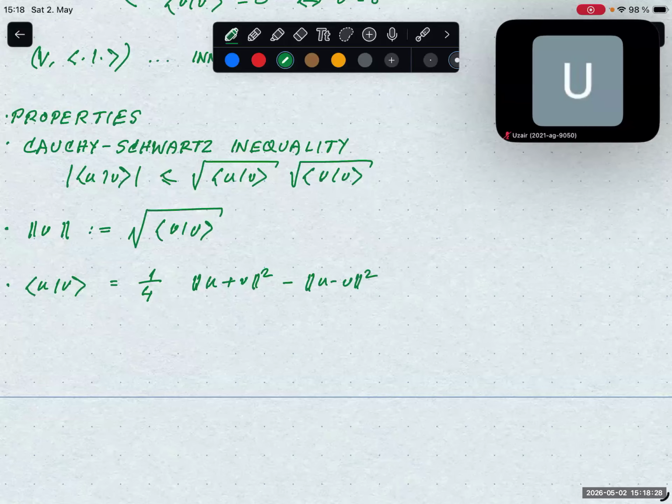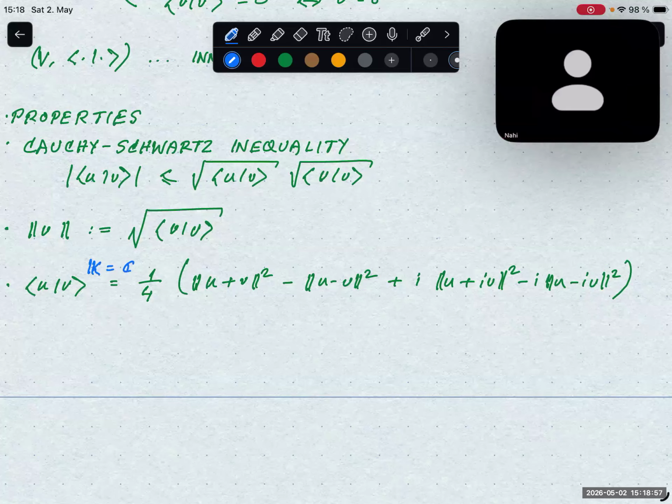Now I'm writing for the complex field: plus i times the norm squared of u plus iv, minus i times the norm squared of u minus iv, right? So here we have K equals C.